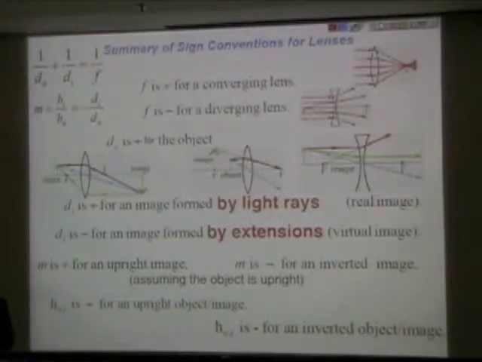That's it. However, in all cases, the image distance is positive if the image is real. And of course, the image distance is negative if the image is virtual, which means it is not formed by actual light rays, it is formed by extensions, like in this situation.